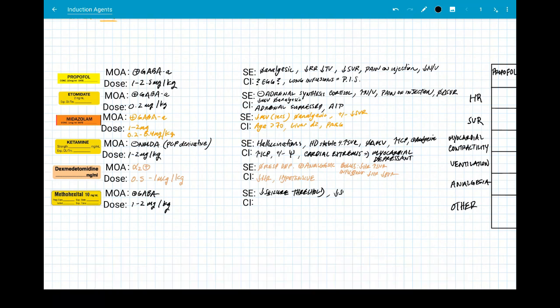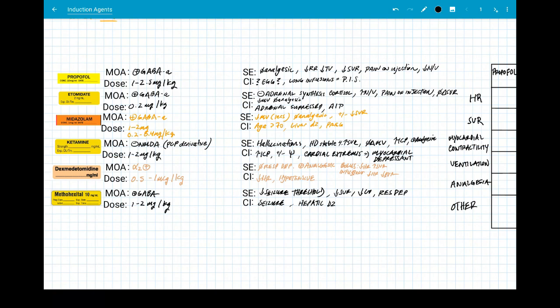It decreases your SVR, can decrease your cardiac output, and it is a respiratory depressant. Contraindications, if you're not using it to induce seizures, would be seizures, and hepatic disease, as it's cleared via the hepatic system.